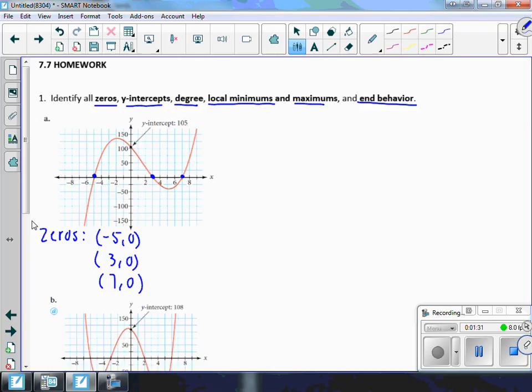The y-intercept is labeled for you very nicely. It is this point right here, 0, 105, and we're going to need that to find our a value. The degree of this function, since it has 3 zeros, will be third degree.